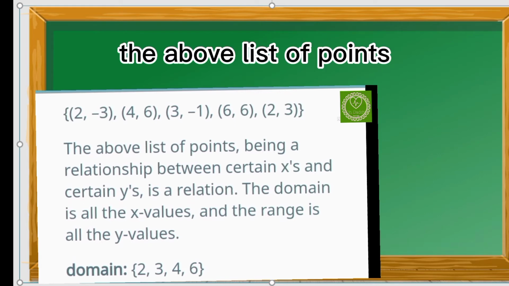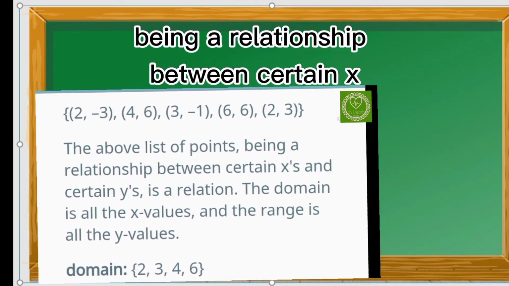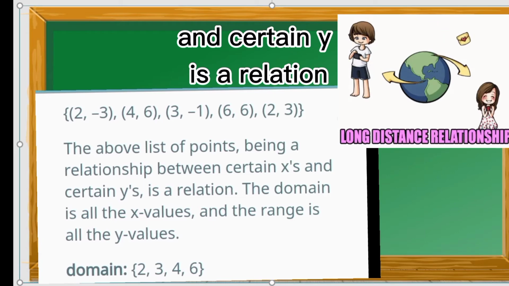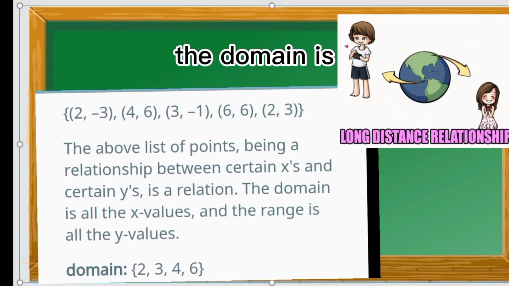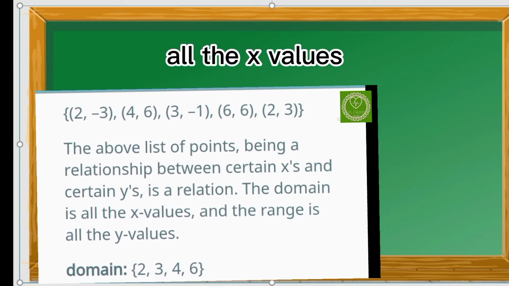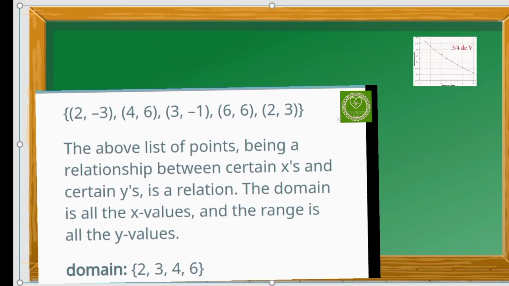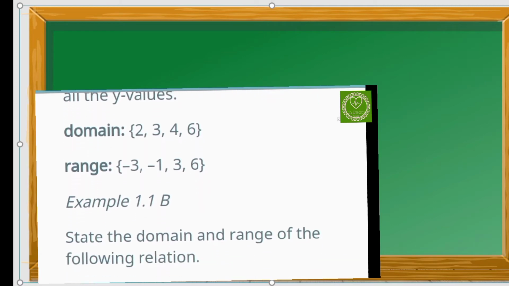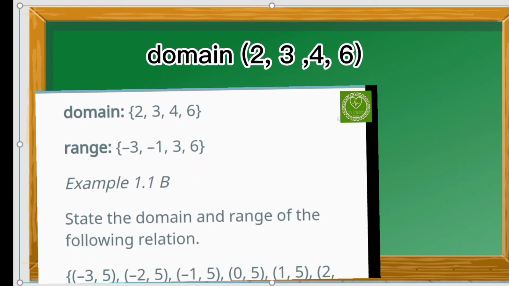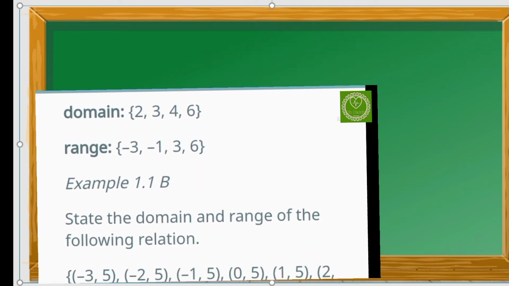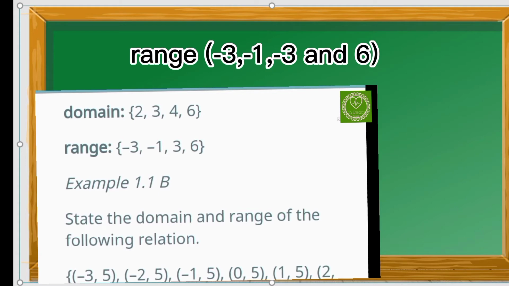The above list of points being a relationship between certain x and certain y's is a relation. The domain is all the x values, and the range is all the y values. Domain: 2, 3, 4, 6. Range: -3, -1, 3, and 6.